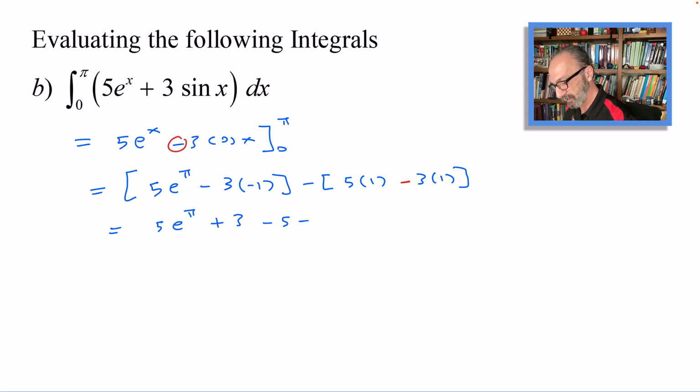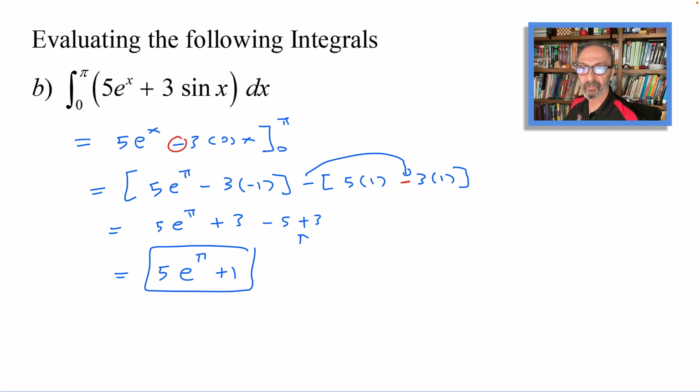Okay, so going back, that's a plus 3, because minus minus will give me a plus 3. Doing the math, we have 5e to the power pi, 3 and 3, 6, 6 minus 5 is 1. The answer is 5e to the pi plus 1. And that should do it for part B.